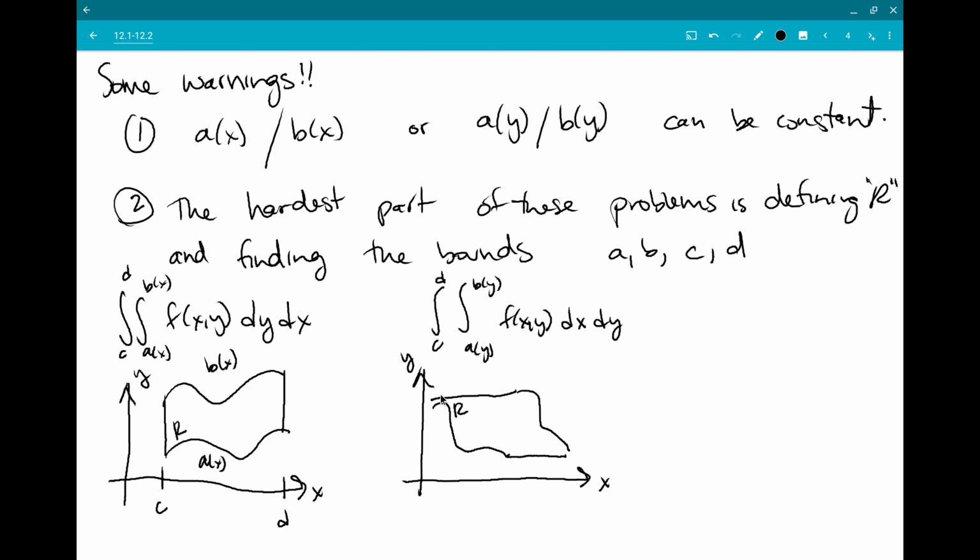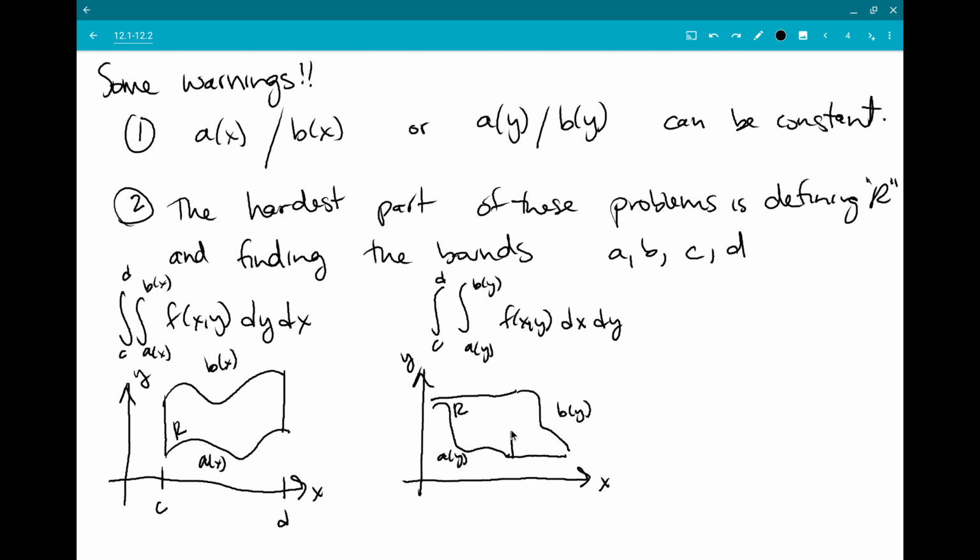Here's our region R, where the top part is kind of flat, the bottom part is kind of flat. And so your A of y and your B of y are these curves right here. The thing that's furthest left is still your A, your lower bound for x. The thing that's further right is your upper bound for x. And so when you go from left to right lengthwise, you find your bounds of integration for x. But now they're bendy, they're not constant numbers.